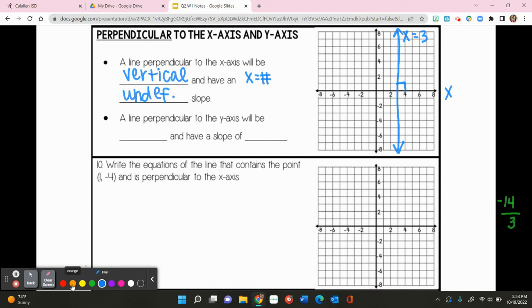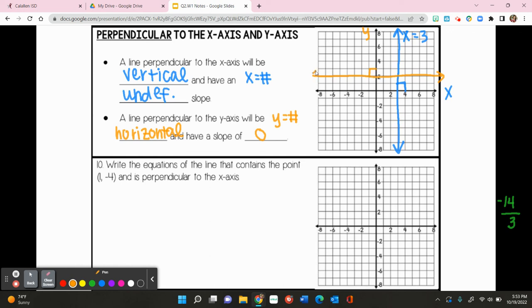So a line perpendicular to the y-axis will be horizontal, and it will have a slope of 0. And so its equation will be y equals some number. So for instance, if I have my graph here, again, this is my y-axis, and I see that it just created a 90-degree angle.